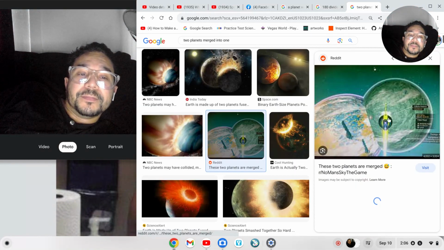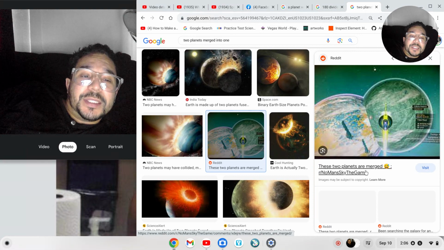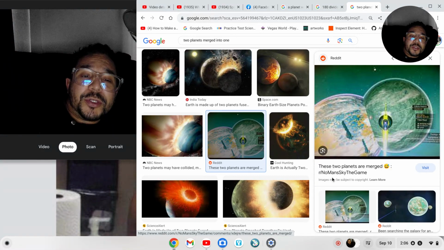Kind of like this, but it says these two planets are merged.